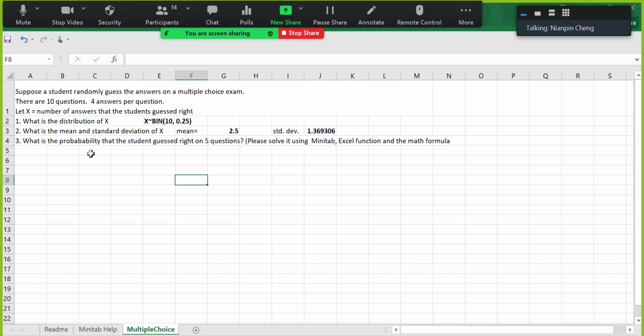So now the question: what's the probability the student gets exactly half correct, 5 right? We use 3 approaches to solve it. So first, we can use Minitab.